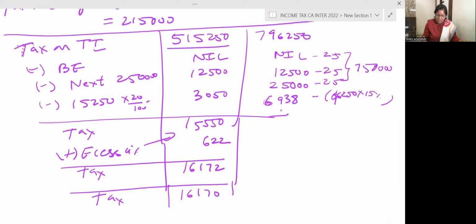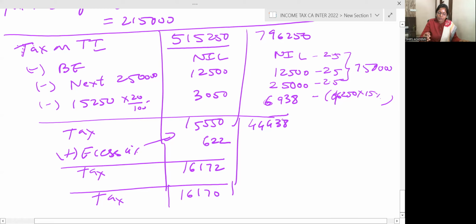So that is 44,438. Into 4% is 1,778. The calculations are all familiar ones. 46,216, rounded off to 46,220.